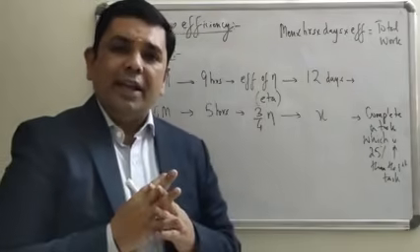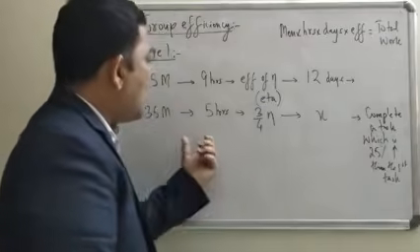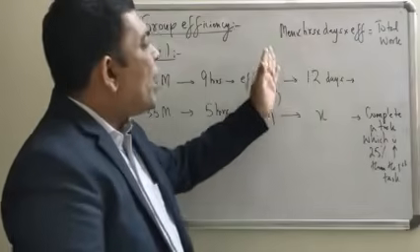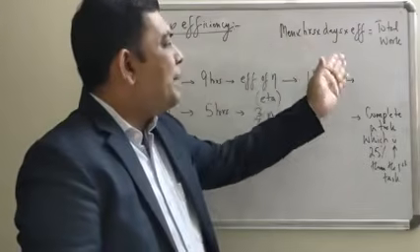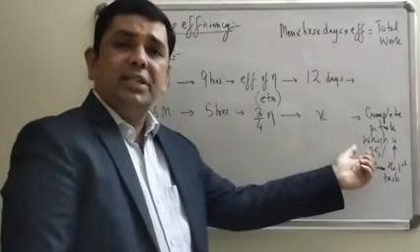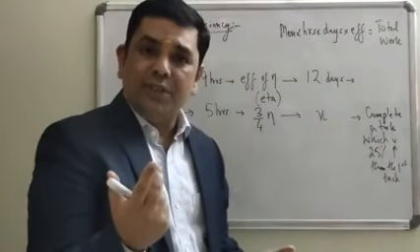Now suddenly, as a student, if I am not conceptually clear, I find this question difficult. Why? Because so far I have been used to the aspect that the total work done will always be equal, and suddenly the question says that the second task is 25% more than the first.